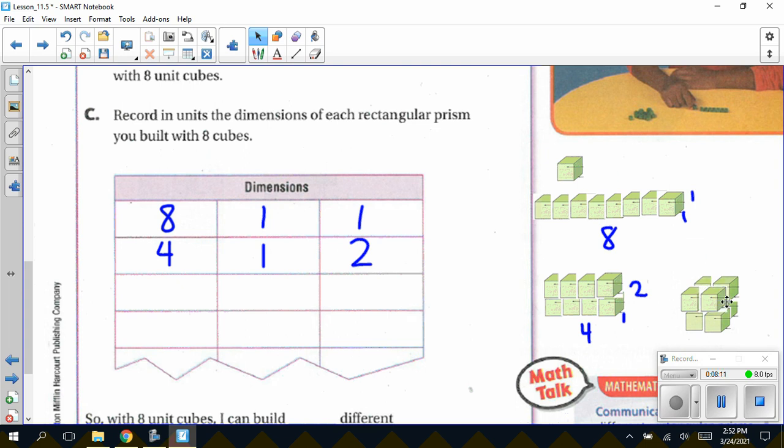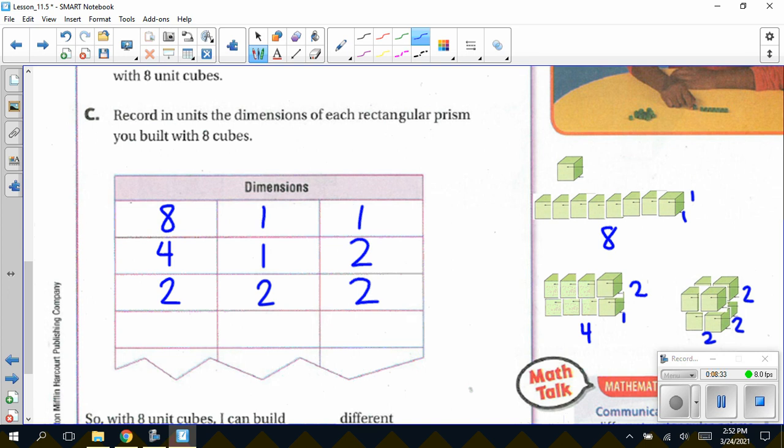I now would have a rectangular prism where my length is 2, my width goes 2 deep, and my height is 2. So I still use 8 cubes, but I've created a prism that is 2 long, 2 wide, and 2 tall.